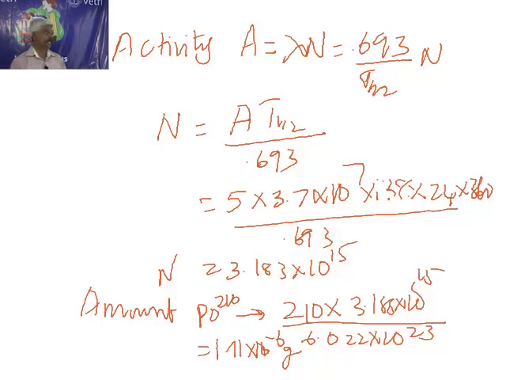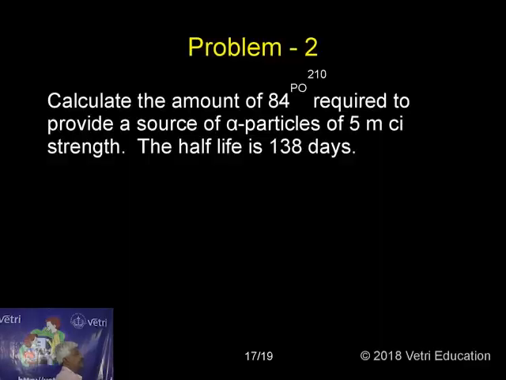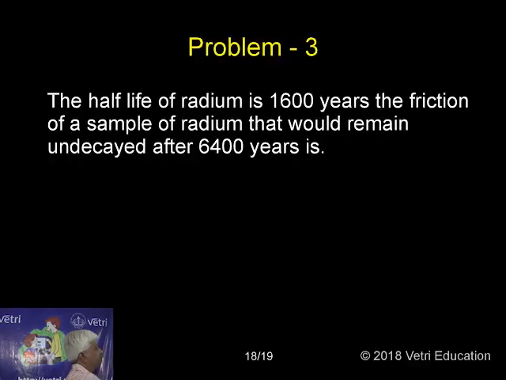So this is the problem relating activity. Usually the problem is asked in this way only. This is a very important problem, and it is also a repeated problem for us.